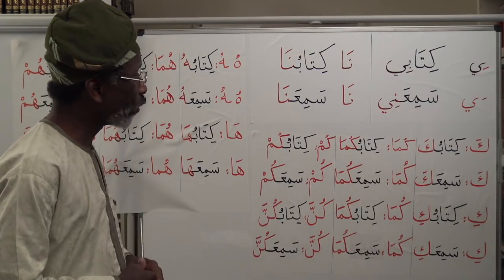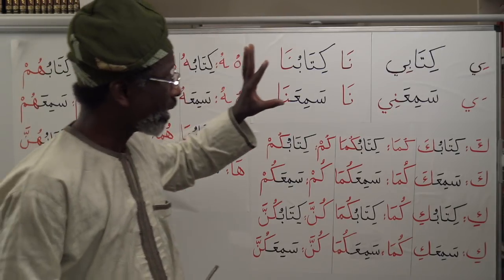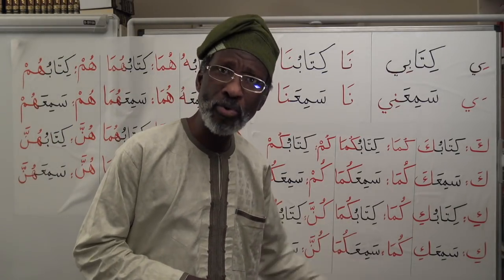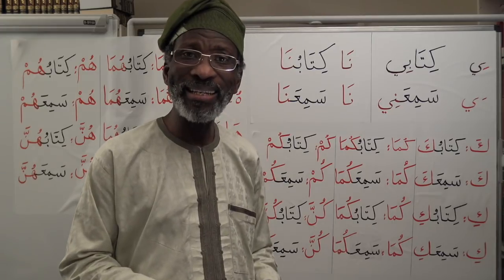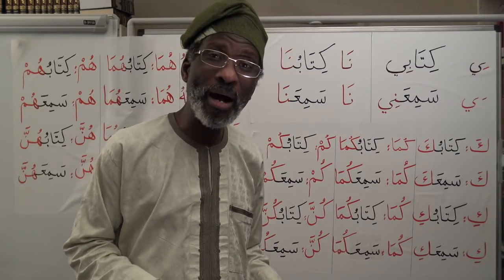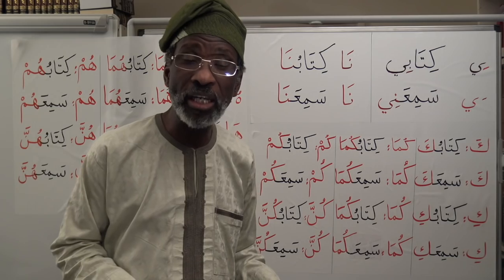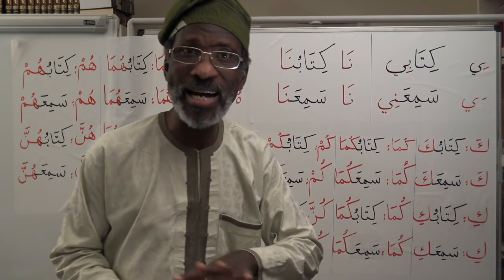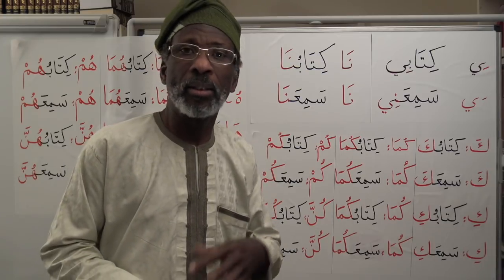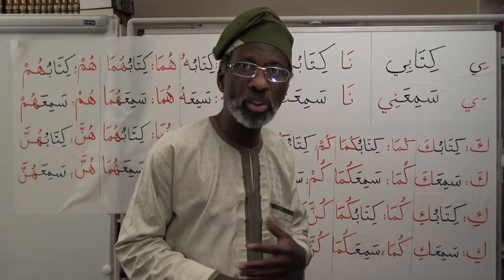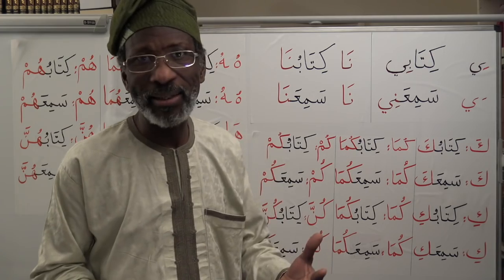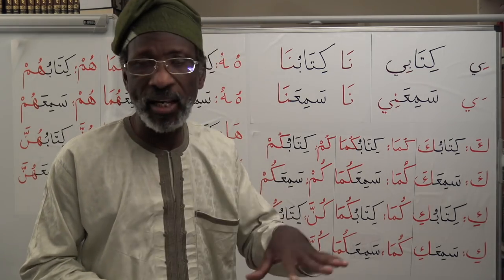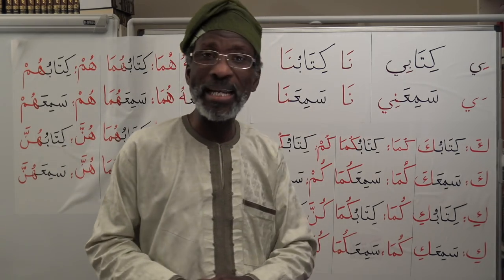Now, a note for you. All these attached pronouns, they are what we call indeclinable, meaning you are not allowed to change the case and the vowel. The E will always be E, regardless whether it is in accusative position or whatever it is. It's going to be E ending, and na will always be na.